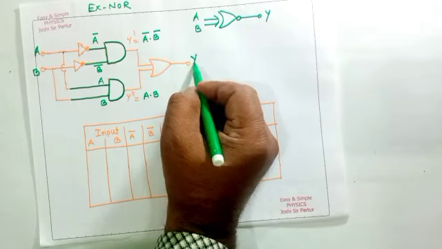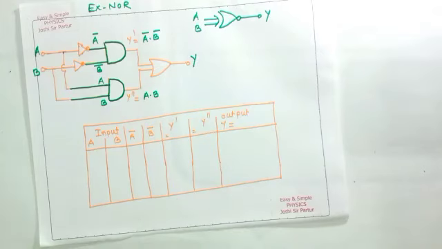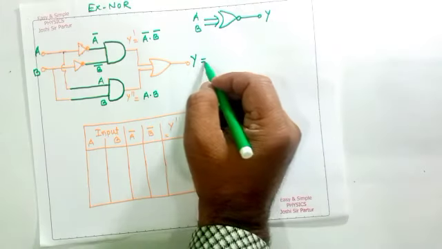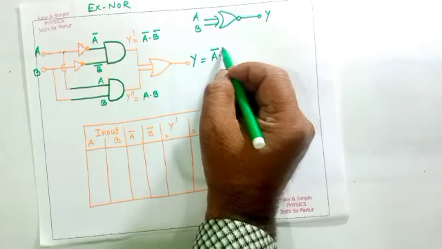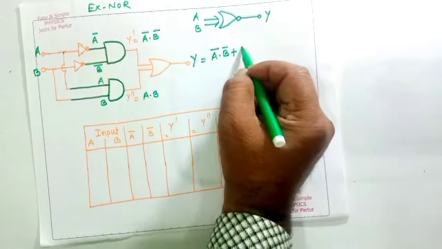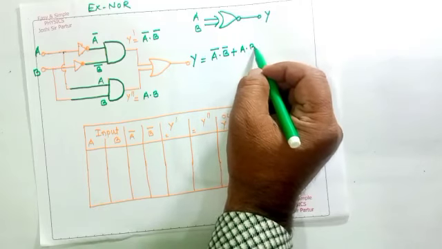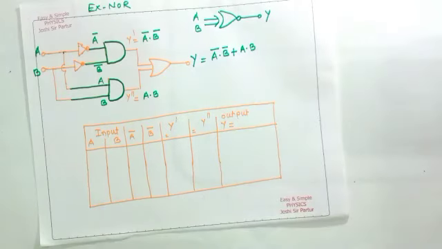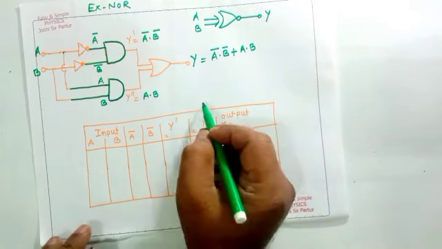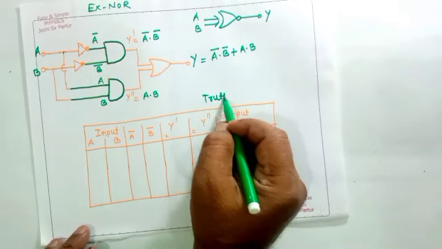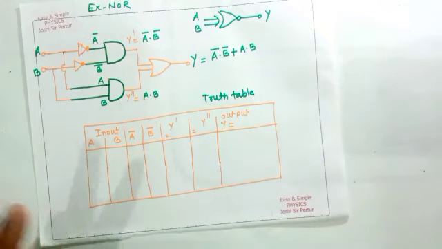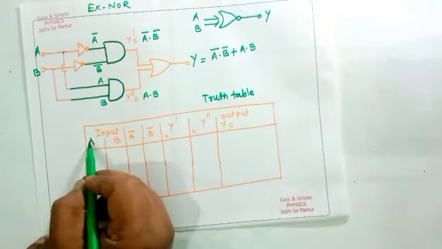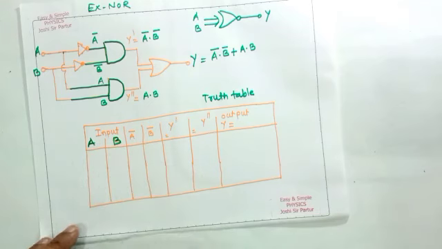So here the output Y represents complement A and complement B or A and B. So by using the truth table, we can verify the conditions. There are four possibilities. Two inputs A and B are there.